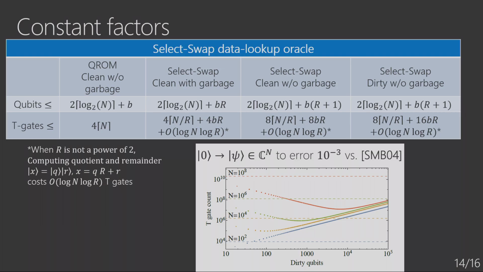Yeah, so can you say a little bit about why adding more qubits has to hurt you? Obviously you would just quit putting in dirty qubits. Yeah, you could always do that. It's just this implementation of the data lookup oracle, it hurts you in T counts. But we have another implementation that doesn't hurt you.